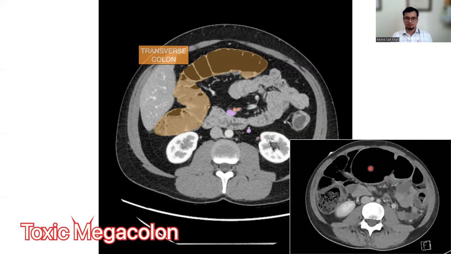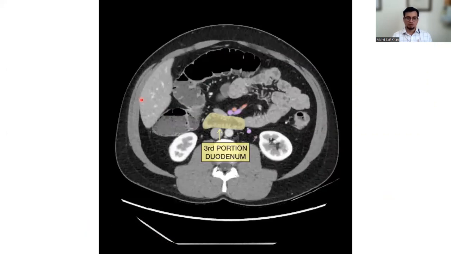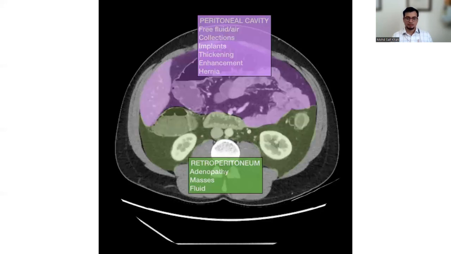So here, in this inset, you can observe, just anterior to the major vessels, the third part of the duodenum, which courses transversely from right to left, crossing the midline. So that's your third part of the duodenum. And remember, all the posteriorly placed structures lie in the retroperitoneal space.